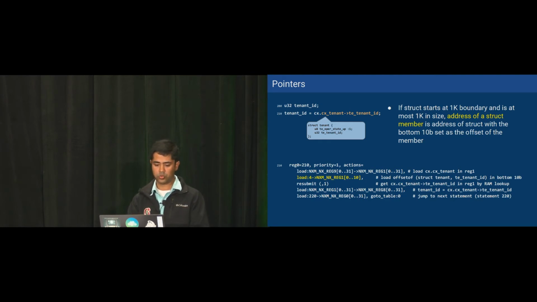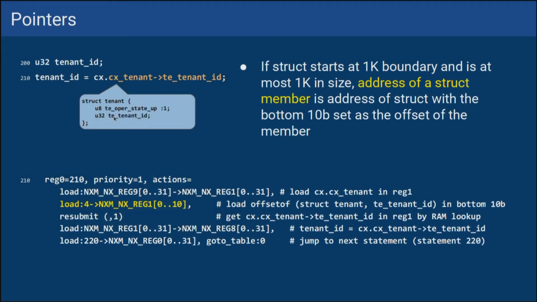So now to achieve something like what we want on the left, if we want to get an address of a structure member, you can put in the offset of the member into the last 10 bits of the structure address, and you will get the address of the member. So we have this simple assumption so that we don't need to do any complex pointer arithmetic, which will need far more tables.